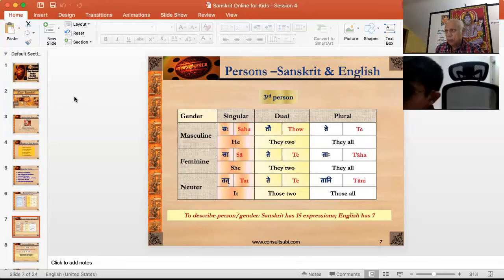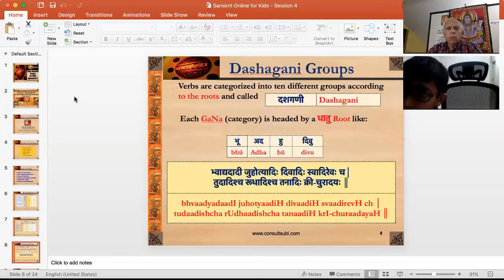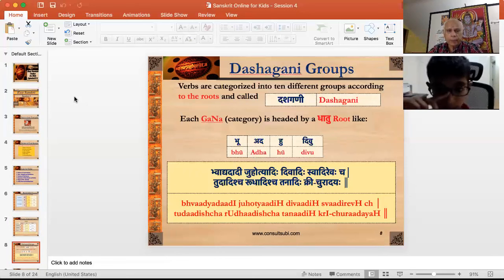Okay, let's see what are the ways of grouping Sanskrit verbs. You have a group called Dasha Gani. Dasha means 10. Gana is a group. 10 groups. So verbs are categorized into 10 different groups. Based on what? According to the roots.